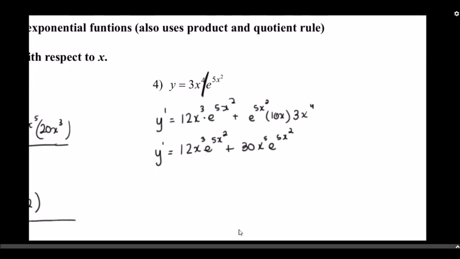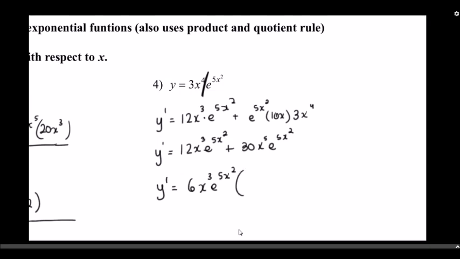Looks like we could factor out an x cubed. And between a 12 and a 30, looks like we could factor out a 6. So 6x cubed e to the 5x squared.